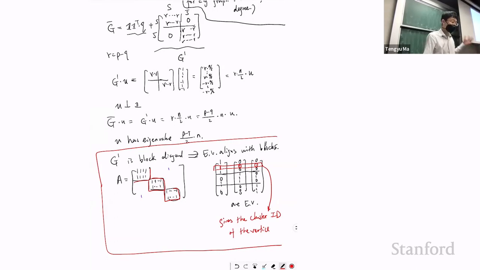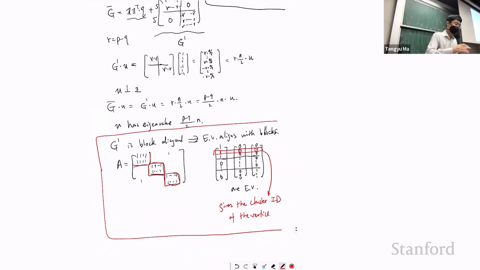Yeah, that's a great question. Actually, that's exactly why this is working. The question is what if you permute this? If you permute it, your eigenvector will permute accordingly.